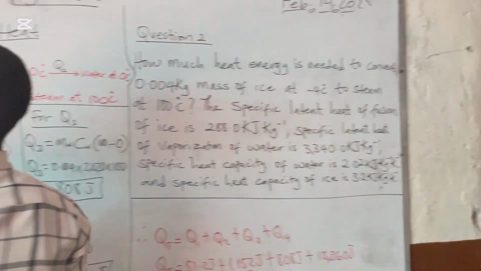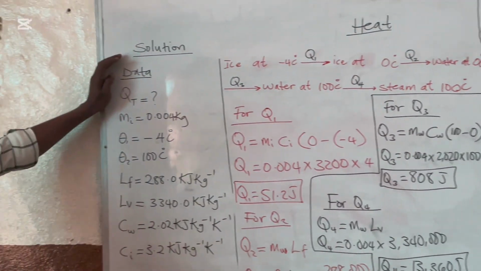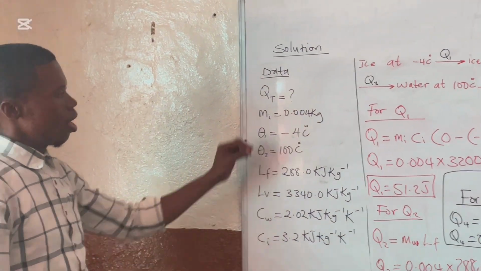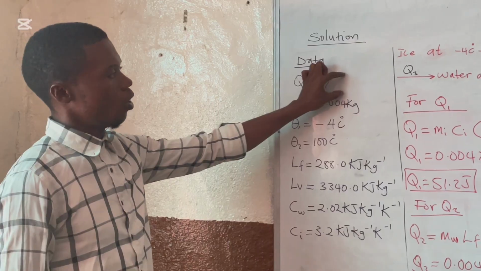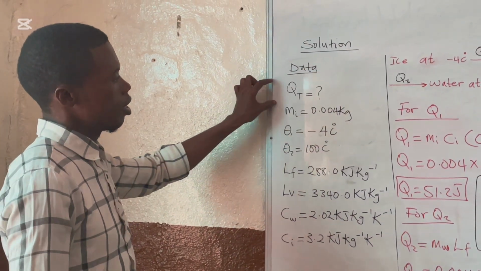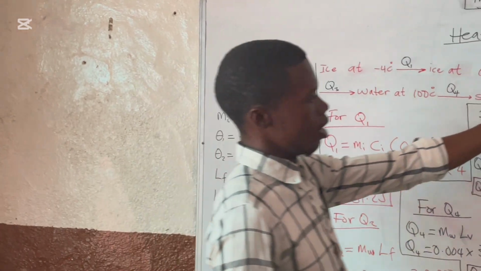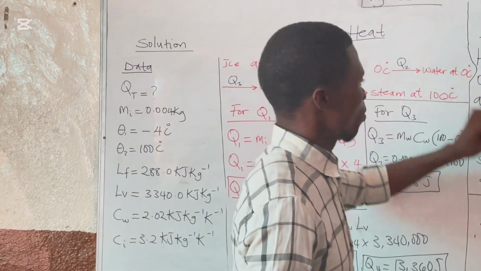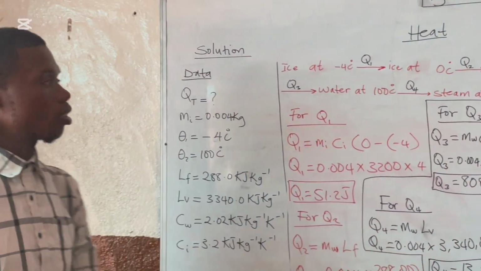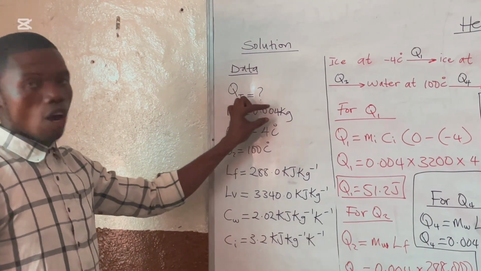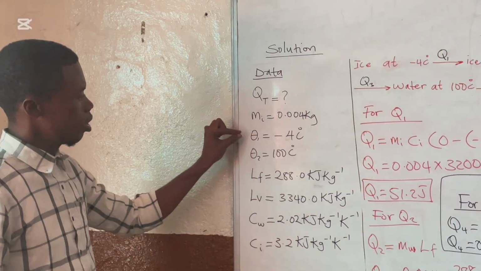Okay, we have a solution and we have the data. The question is asking for the total amount of heat that is needed to convert this mass of ice at negative 4 degrees Celsius to 100 degrees Celsius. The mass of the ice is 0.004 kilograms.